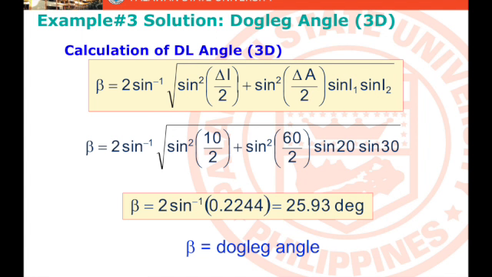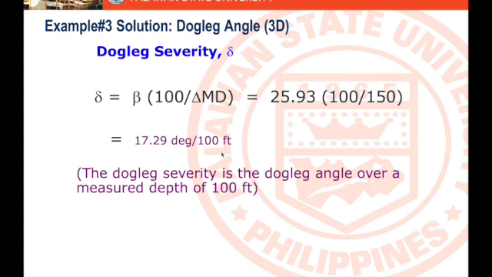Okay, so solving for dogleg severity is the same as solving for your build-up rate and your turn rate. How do we solve for build-up rate? We divide by the course length, or the change in measured depth, and then we multiply by 100 feet over 100 feet, so that we will get a unit of degrees per 100 feet.